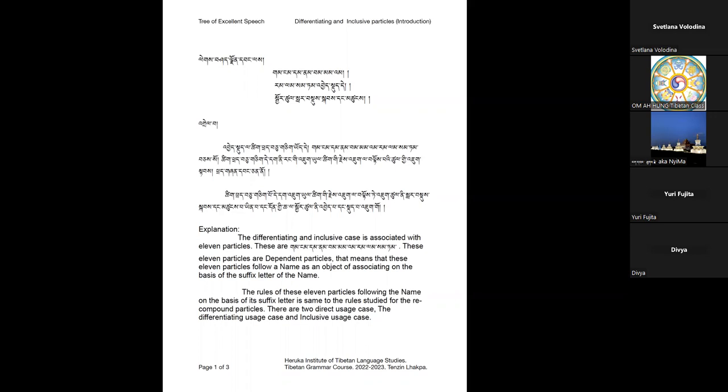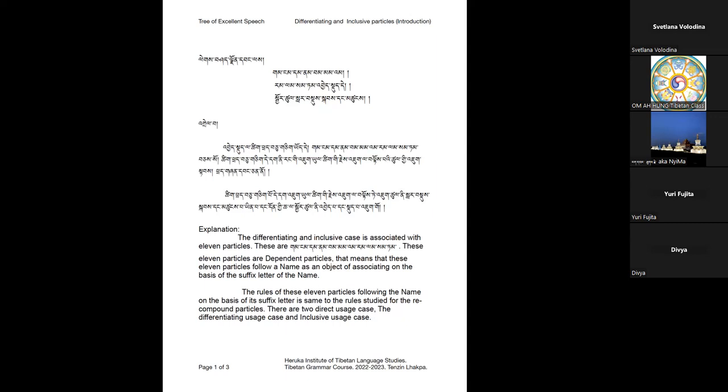Why are they dependent particles? What does it mean when we say that these particles are dependent particles? That means that these 11 particles follow a name as an object of association on the basis of the suffix letter of the name. So it associates with the particular name on the basis of which suffix letter is at the end of the name, or which post suffix letter it has, or whether it does not have any suffix letter.